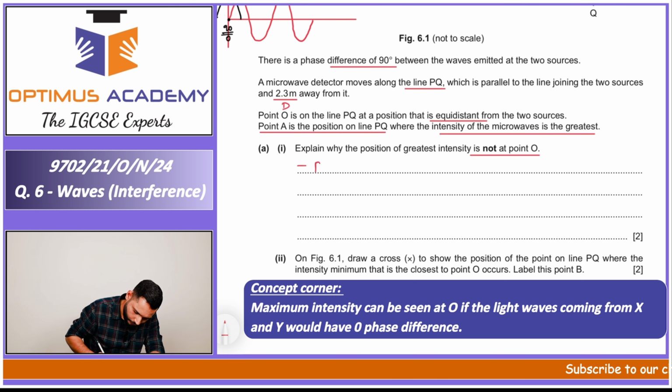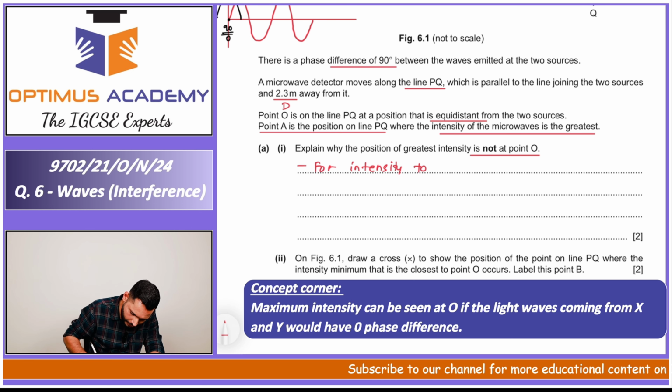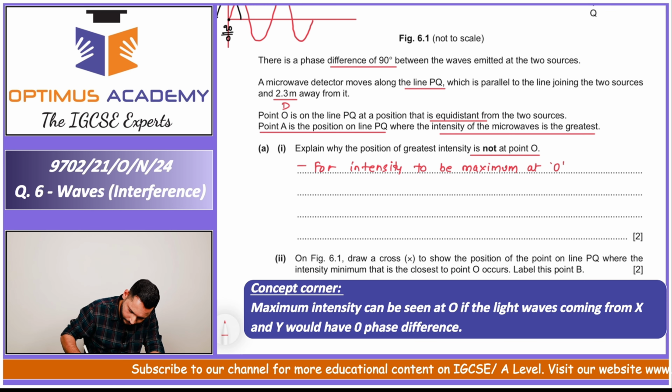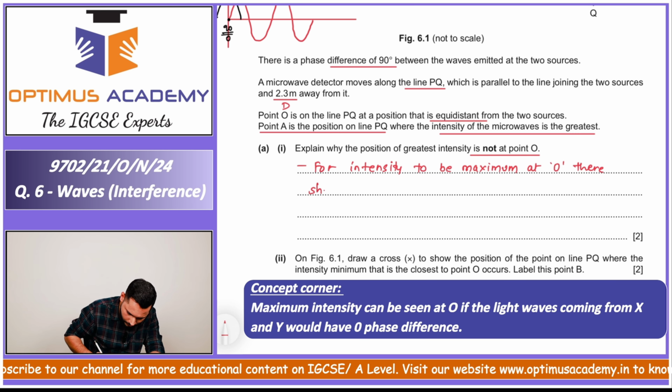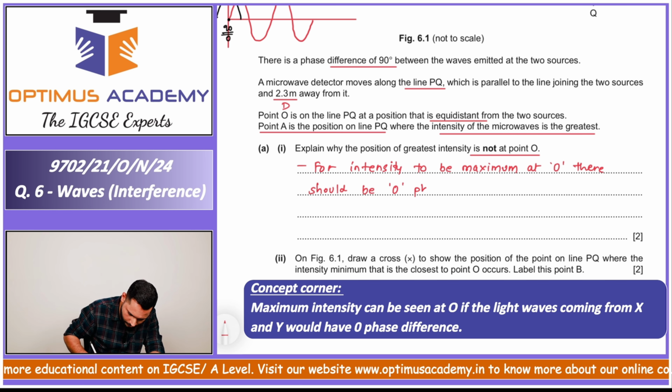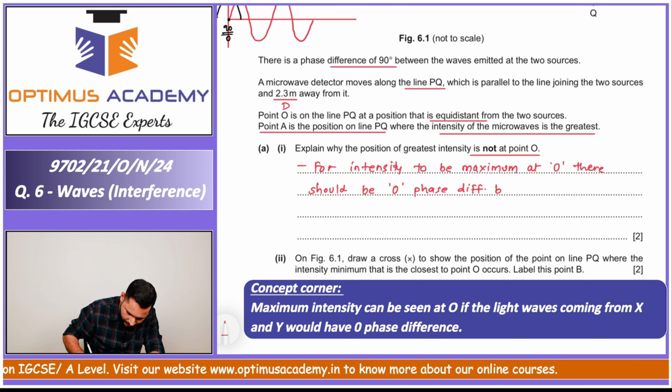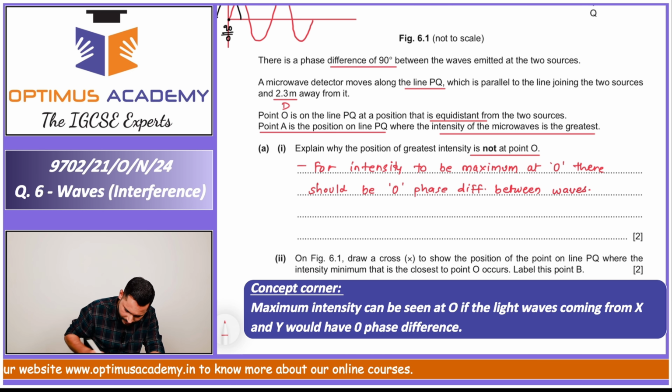So for intensity to be maximum at O, there should be zero phase difference between waves.